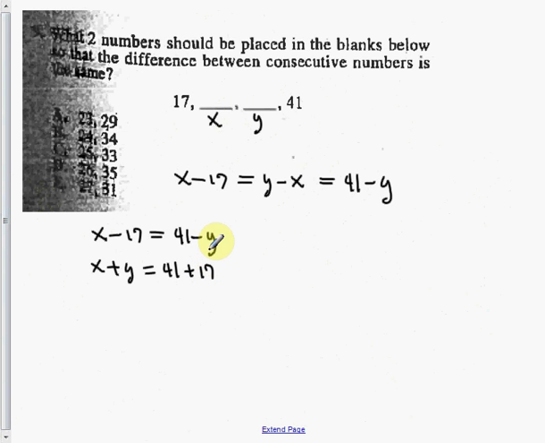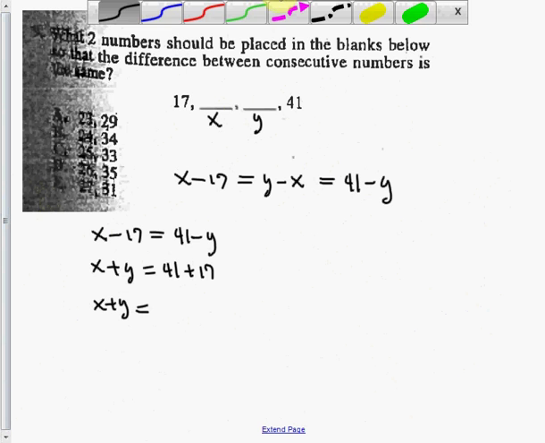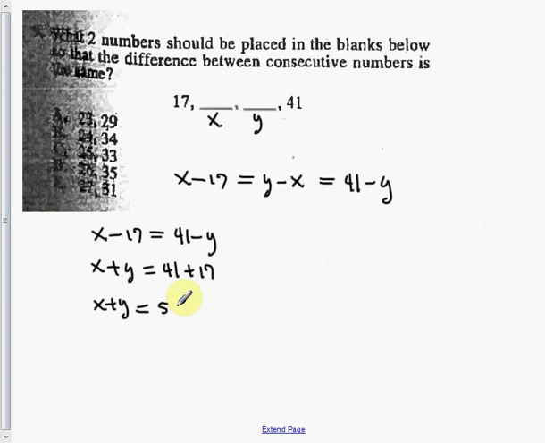Added y on both sides, added 17 on both sides. So we get x plus y is equal to 58. So I know so far that x plus y is equal to 58.